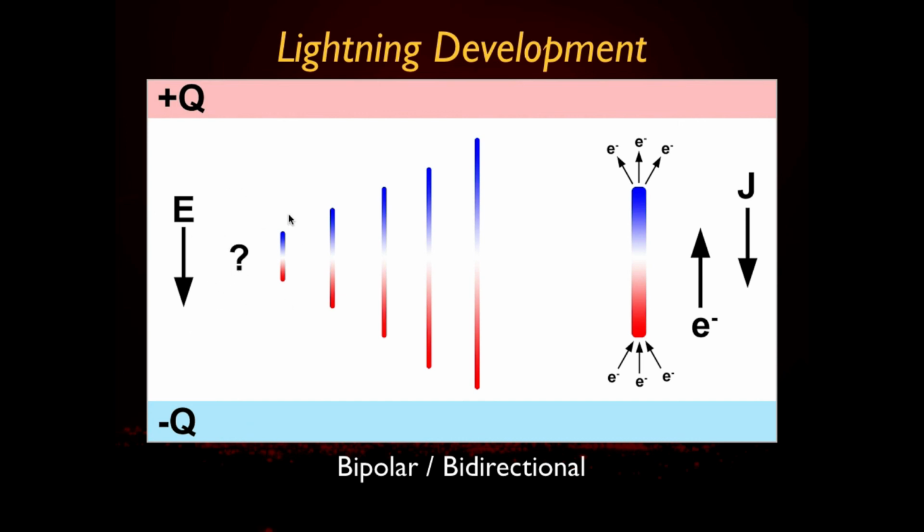And we still don't know exactly what causes the leader to initiate. The in situ measurements of electric field values are such that spontaneous initiation of a leader is not likely to occur due to the thresholds not being met inside the storm. So there's a number of theories out there as to why the leader gets started.